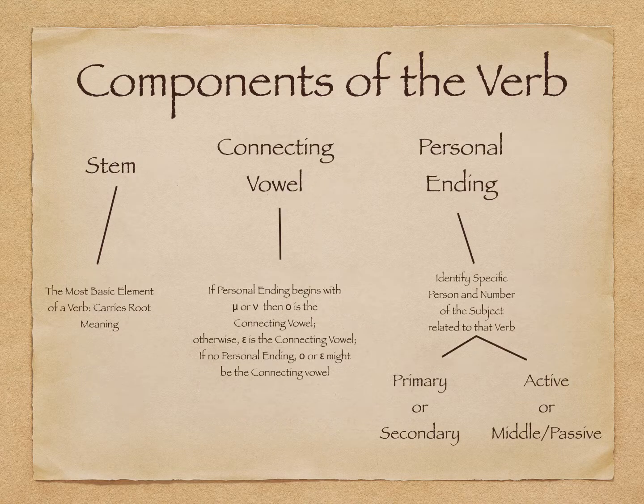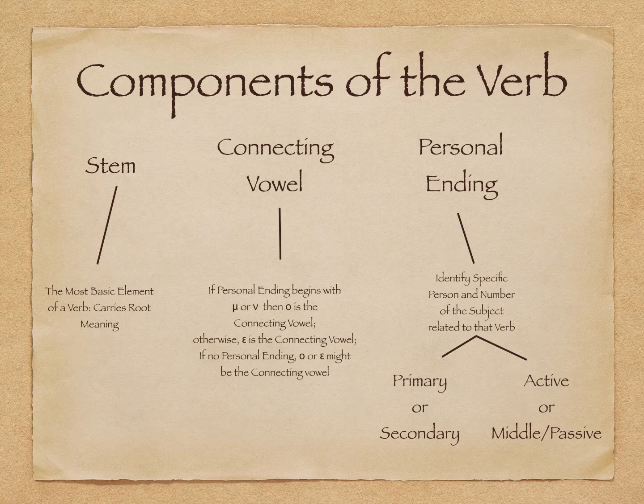These personal endings need to be understood even more clearly. There are, we'll see in a few moments, four quadrants of personal endings: the active or middle and passive voice, and the primary or secondary endings based upon primary or secondary tense forms.